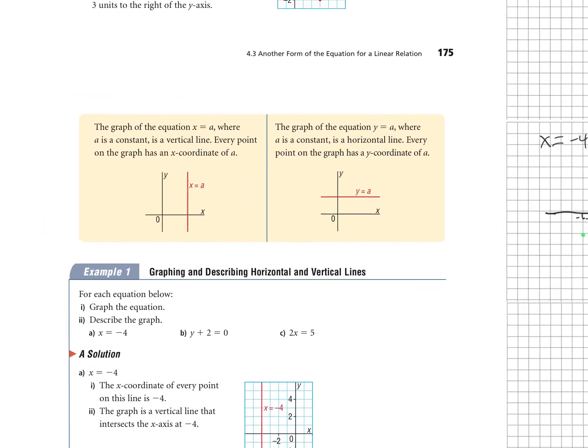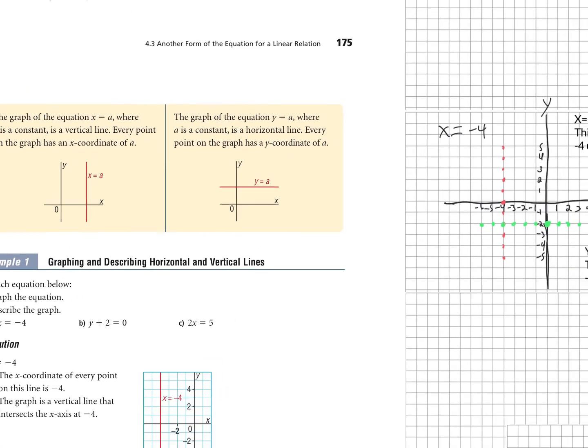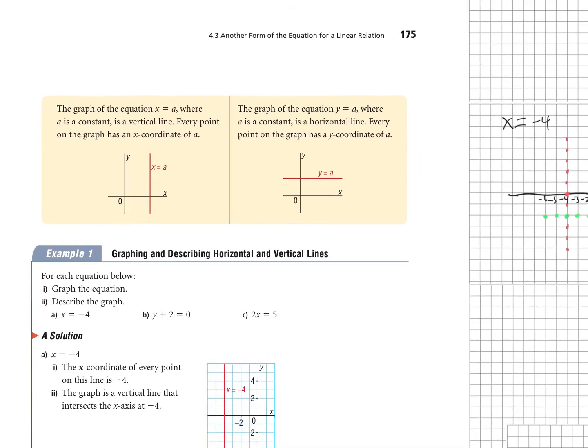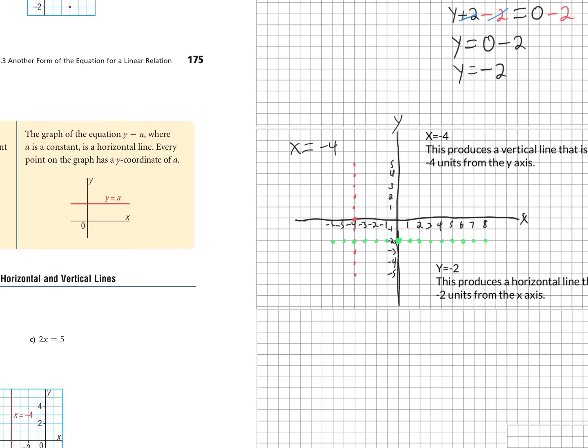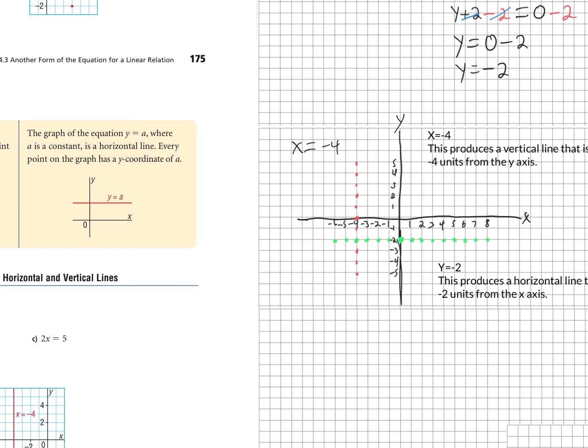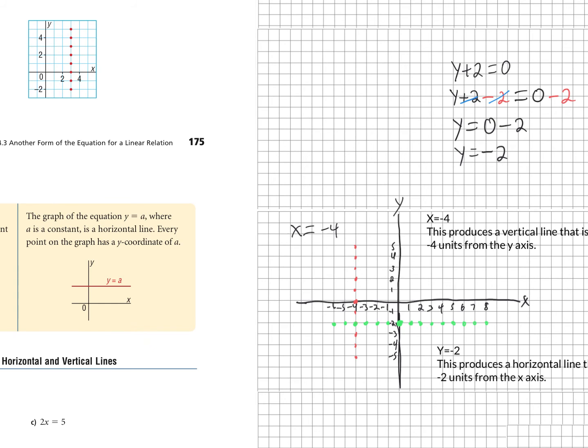So now, I also have this other one that I missed here. C, well, I'll do C over here, because C is going to have a little bit of algebra involved as well. So C is going to equal 2x equals 5.